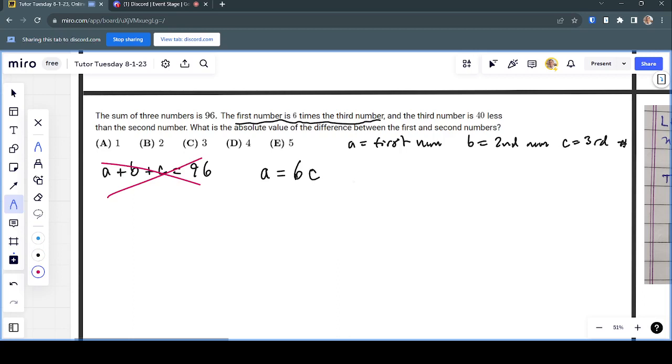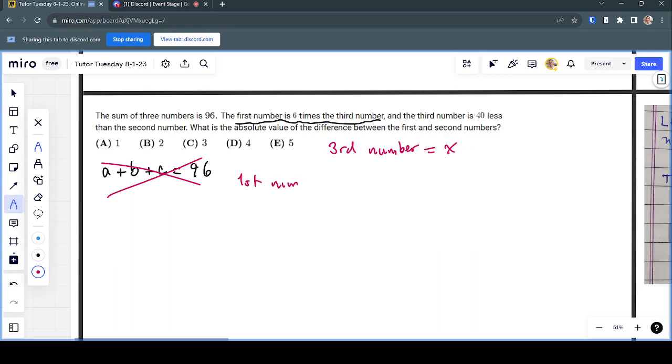Or even, we want to get this in one variable, so let me actually erase this. Let me just call the third number x. Then the first number is just 6 times x.